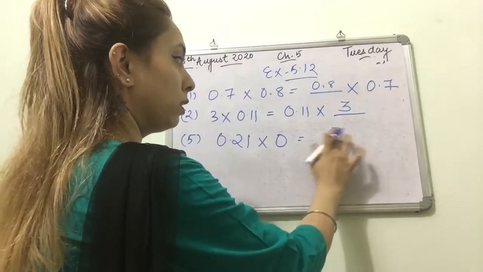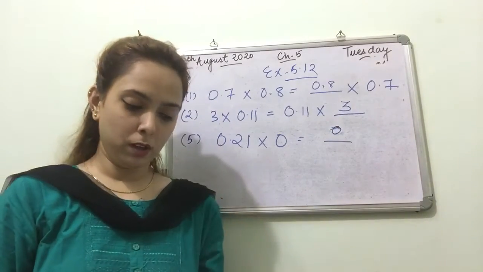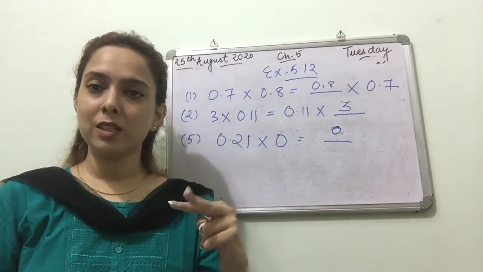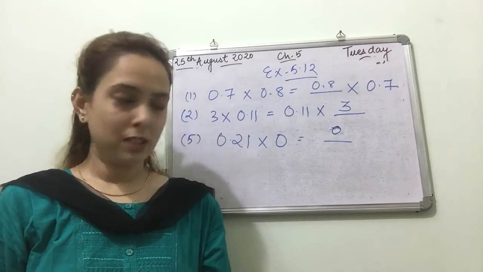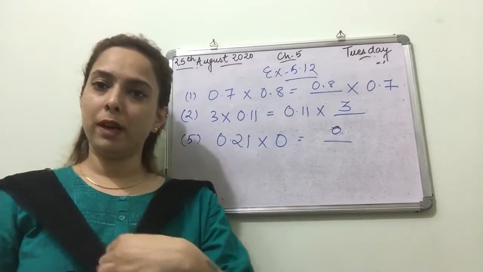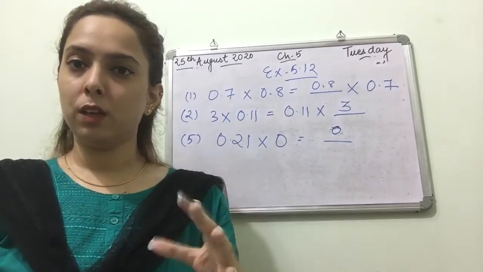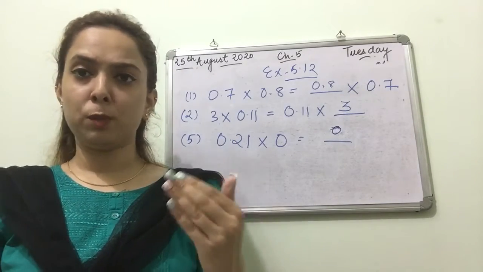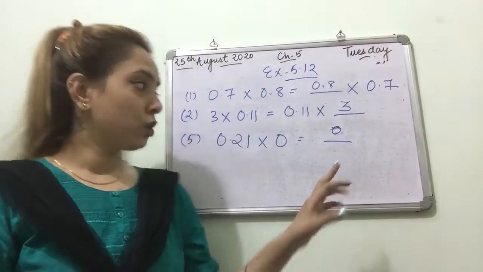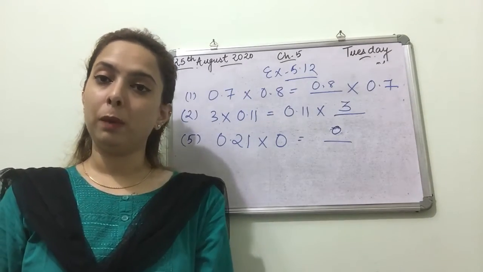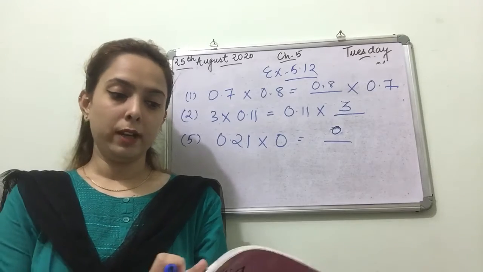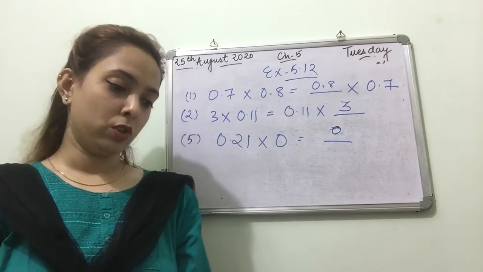Property number 4. I have reversed the order of properties while explanation. So this is your property number. It doesn't matter if we are interchanging the order of properties. So the answer will be 0. So in this way you will apply the properties and you will solve these questions.